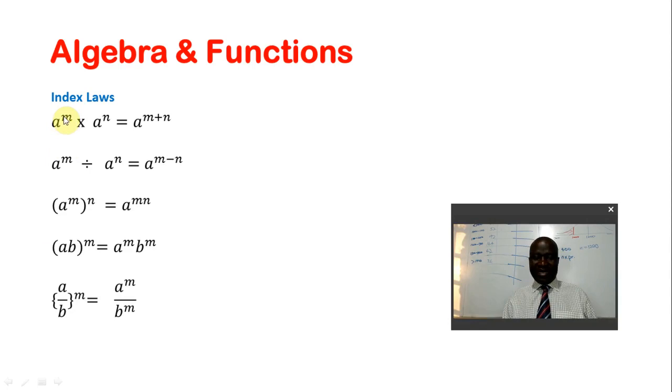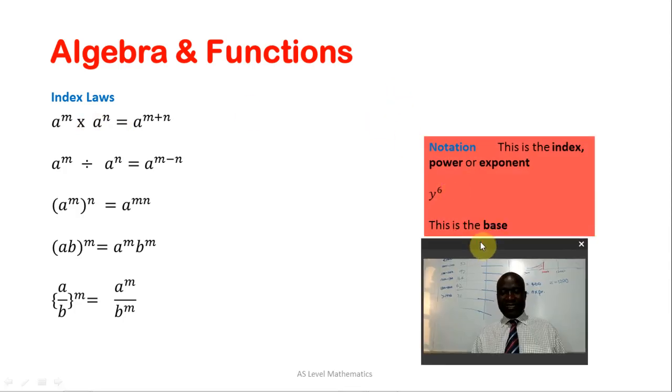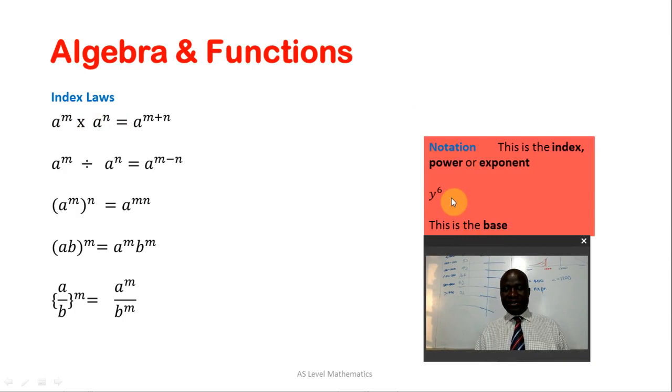So like M is index, N is index, but when we have M and N in this first law, then we call the two of them indices. So in indices, we have the base.